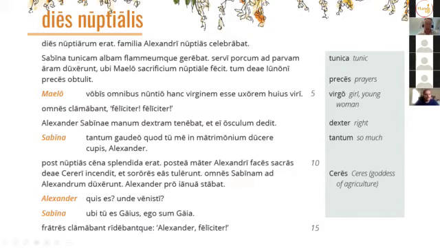So it's Alexander and Sabina getting married. And we see here then, Sabina, what was she wearing? Well, tunicam albam, flammeumque, so a white tunic and the bridal veil. What have we got here? We've got some enslaved people, and they had led a pig to an altar.